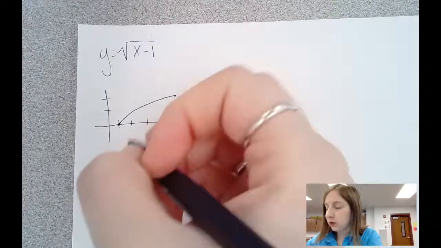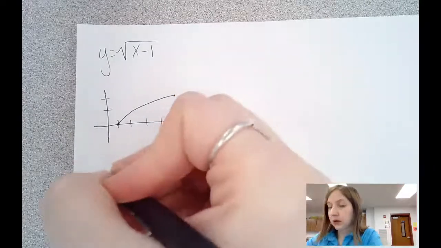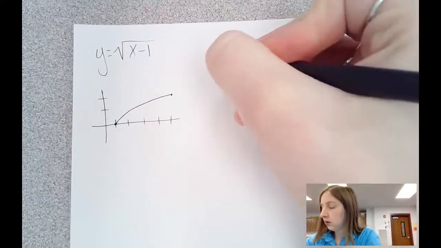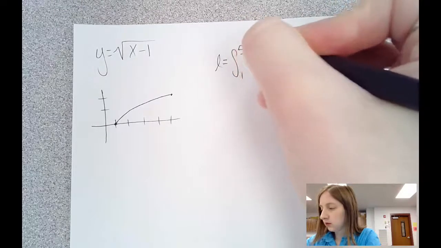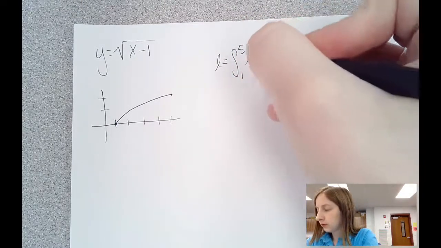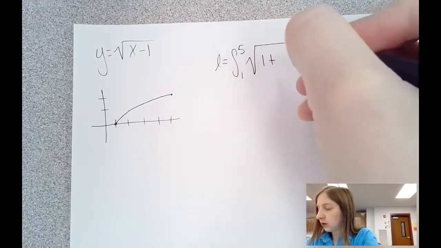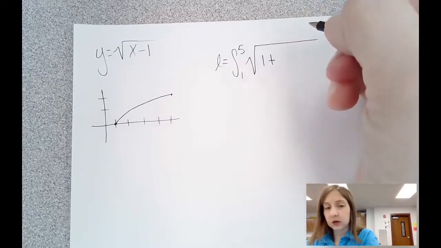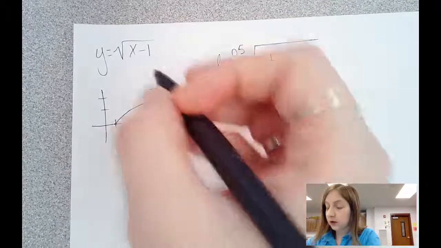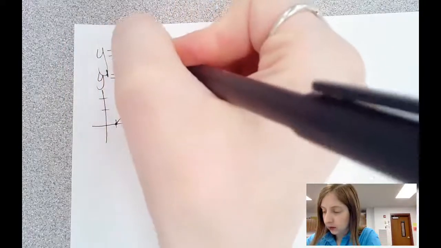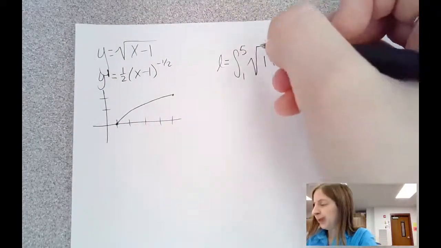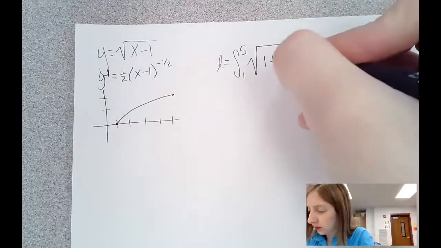Okay, so using our formula here, length equals the integral, we're going from 1 to 5, of the square root of 1 plus f prime of x squared, the derivative of our function. So if that's y, y prime is 1/2 (x minus 1) to the negative 1/2. So that's what's going to go right in here.